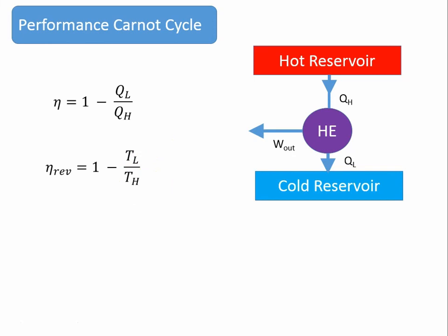However, you can't have very high temperatures for the hot reservoir because it is a material constraint. For example, if you take a steam power plant, usually the hot reservoir temperature, or the steam temperature, is about 550 degrees Celsius.